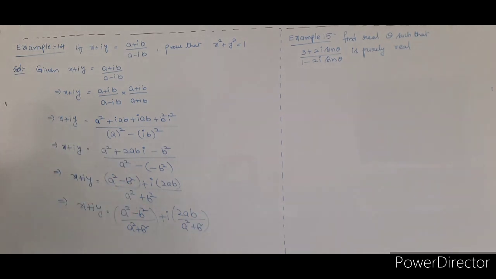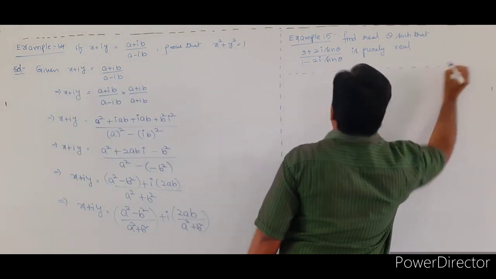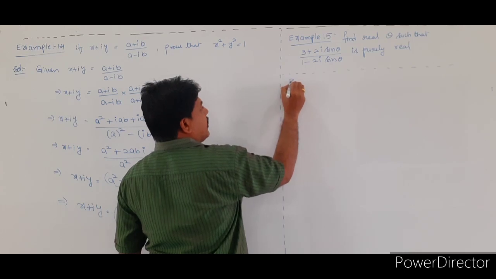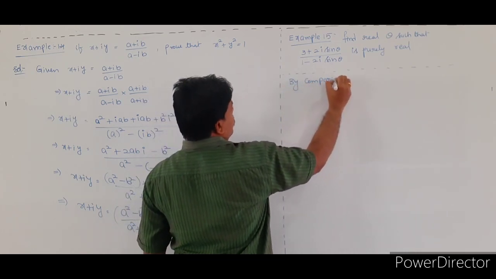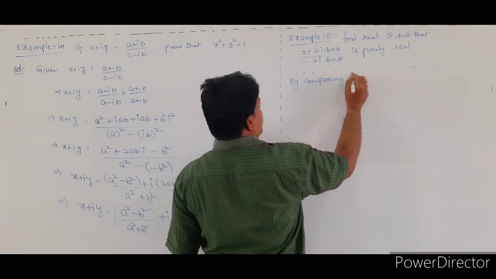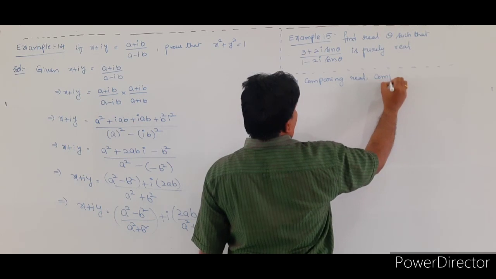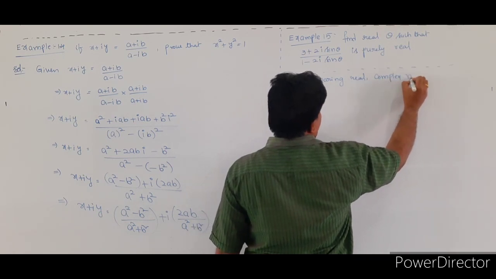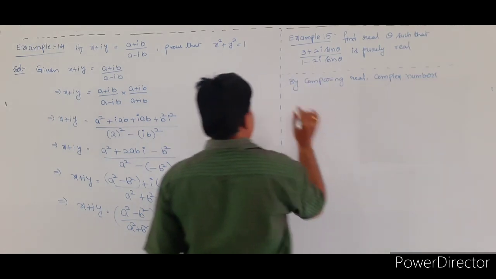So just split the terms and compare. By comparing real and imaginary parts of the complex numbers, we get.